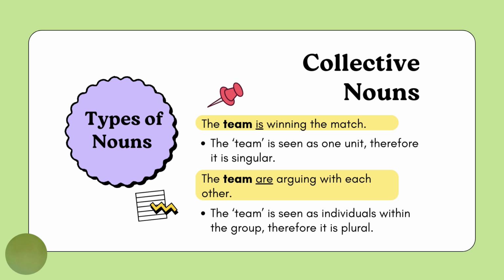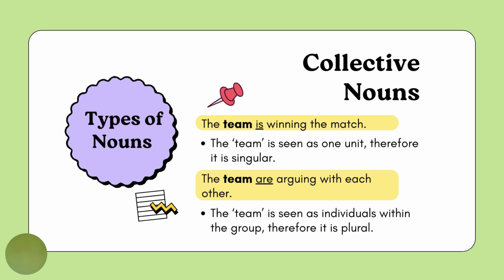You can see it here. If the team is winning the match, they are winning because they are united, right? That's why in this context the team is considered singular, because they do it together. The team is winning the match.